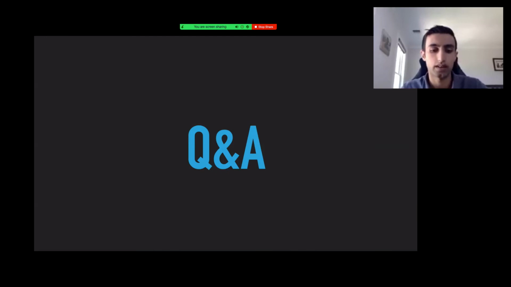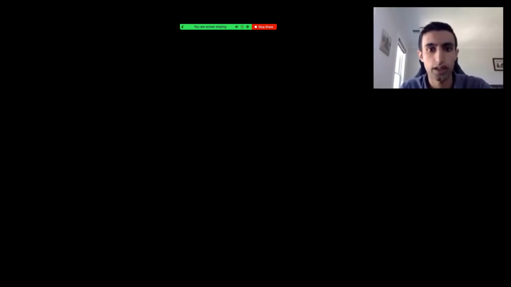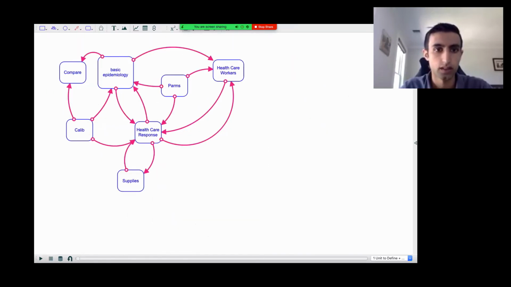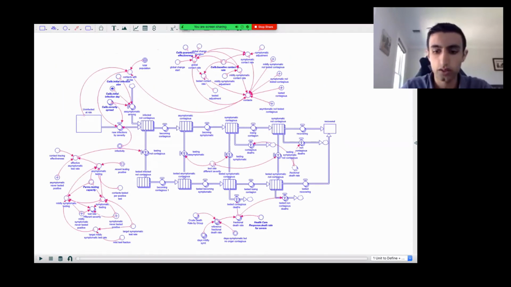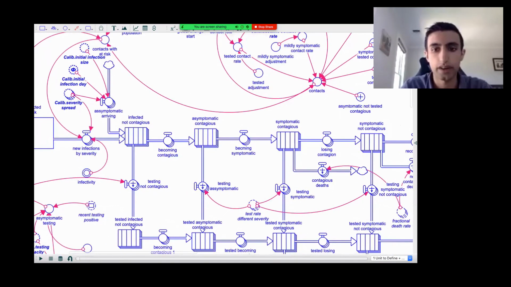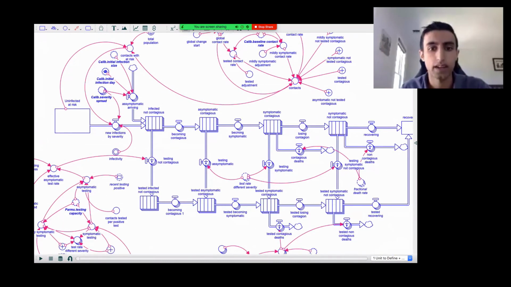I'll show the screen again. If you see, it looks like there are multiple models stacked on top of each other. So the population is arrayed into the severity of their disease, and then they're taken through these delay converters. That allows you to integrate the delay between your knowing you're tested or not.